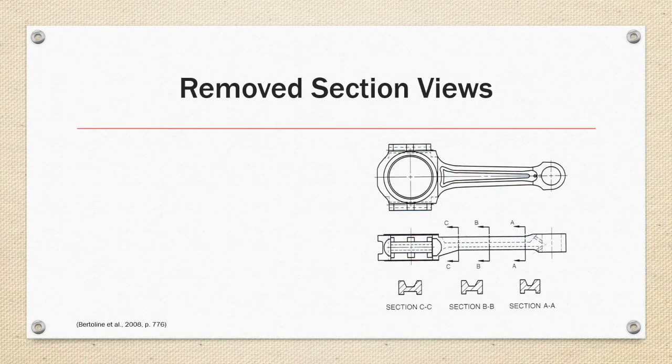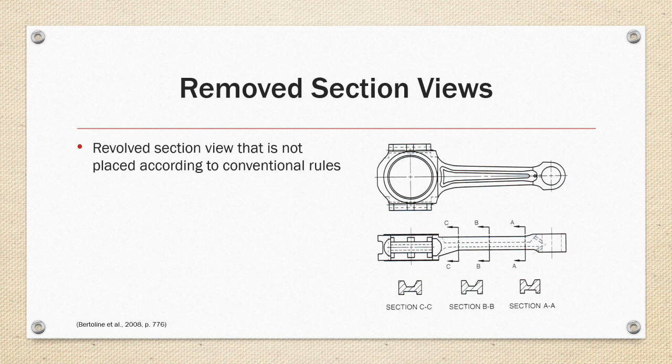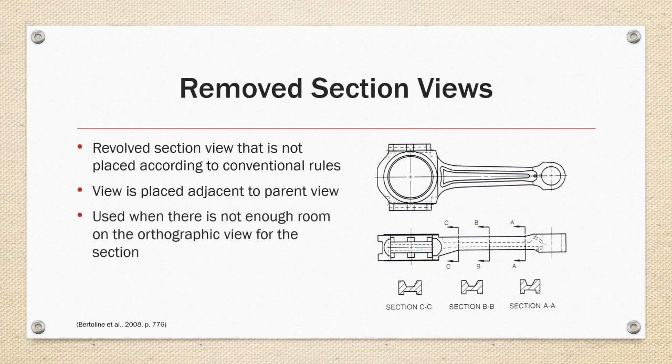Removed section views. The removed section view, or revolved section view, is not placed according to the conventional rules. As shown on the right, we have a part that has 3 revolved sections that are placed adjacent to the view. This is a technique that's typically used when there's not enough room to superimpose the section view on the orthographic view.